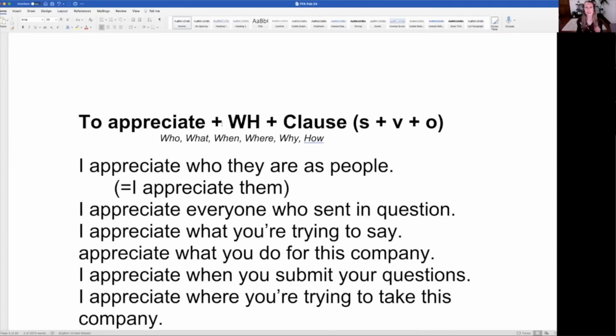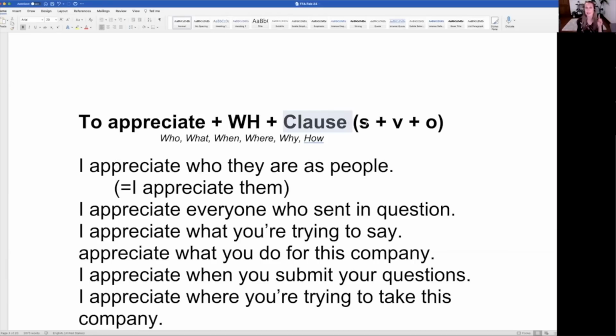Now, this is a sentence structure that most likely many students aren't using, or they're not using it correctly. And they're not using it correctly because of what happens after the WH. So we have appreciate, then WH, which is who, what, when, why, where, or how. We consider how a WH. And then we still need a clause.